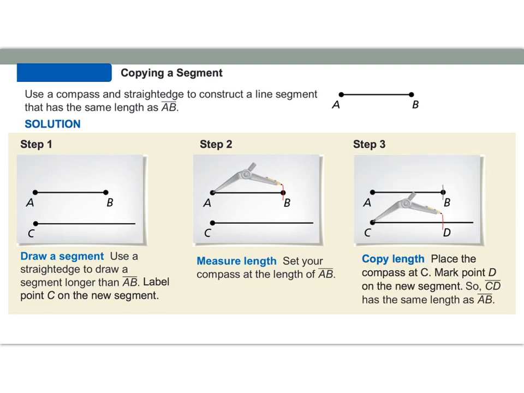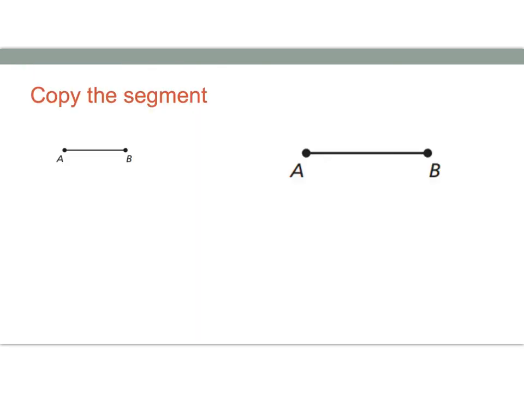So you can see when we do that, we now create a new point that we're going to label as D. So now what we can conclude is that line segment AB is the same as line segment CD. Go ahead and pause the video, take a quick second, and make sure that you can recreate these two line segments here.